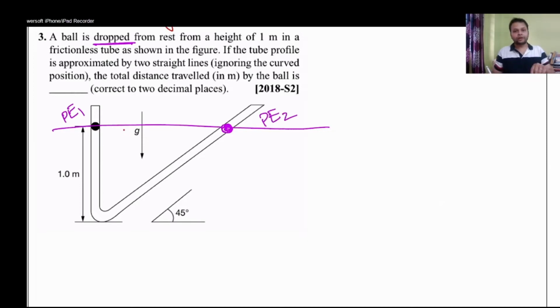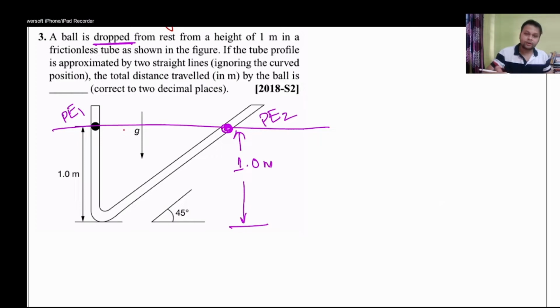So the height from the ground that the ball will rise will be 1 meter again. I hope you're getting the concept. After dropping, it doesn't matter if it is inclined, since there is no friction, it will go to a total height of 1 meter.